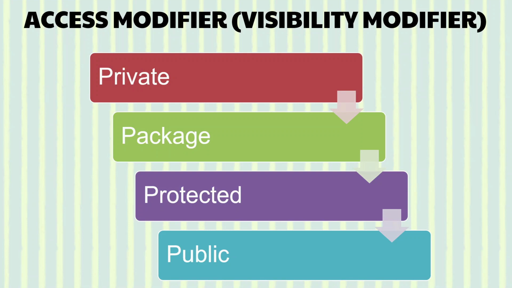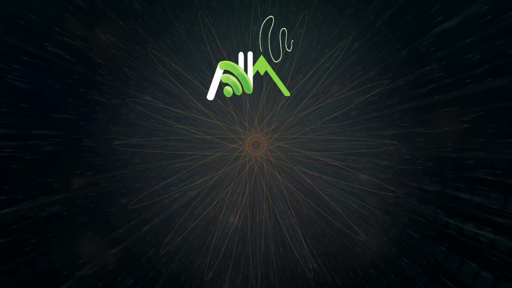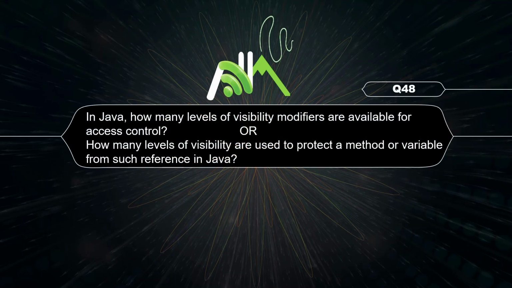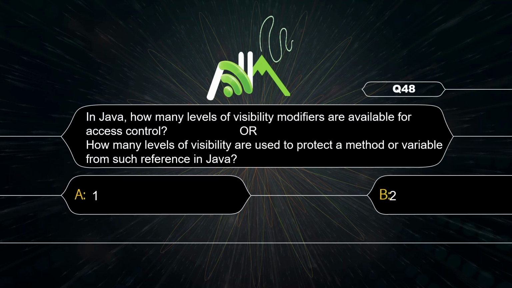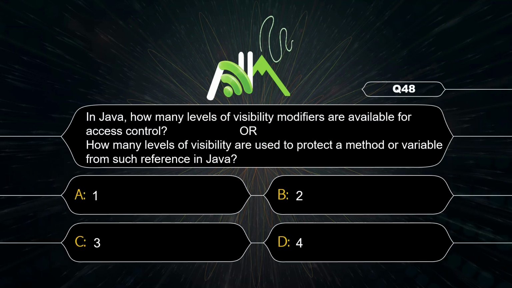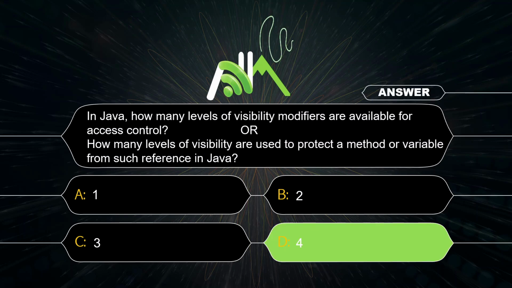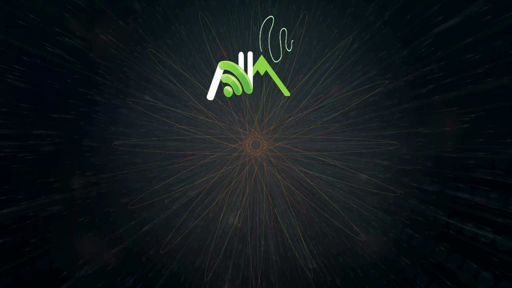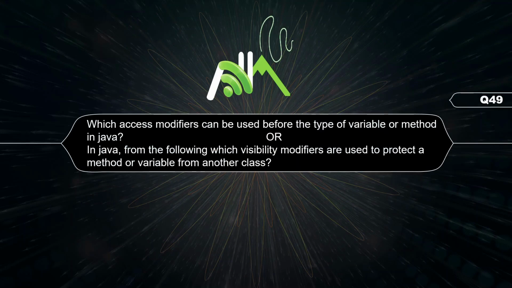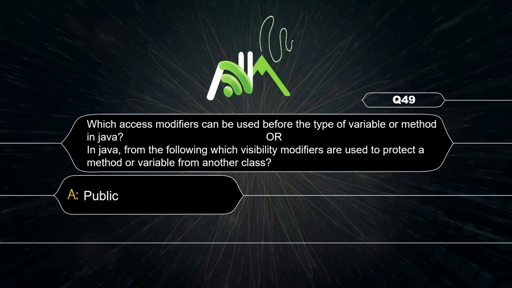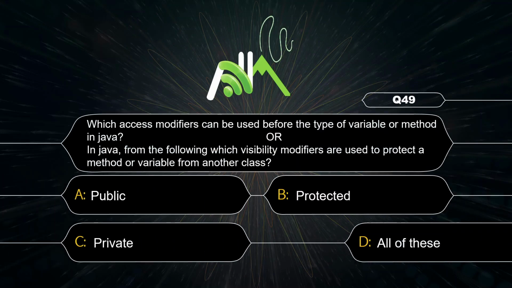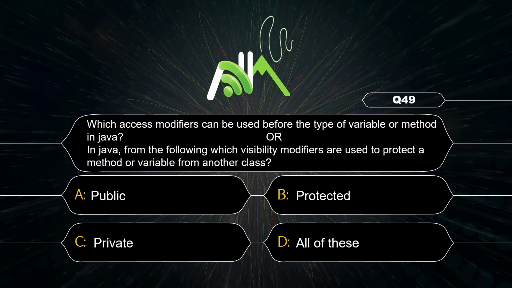Now we will see a few questions related to it. So here we have 4 levels of visibility modifier or access modifier. So the correct answer is D, 4. Access modifiers can be used before the type of variable or method in Java.